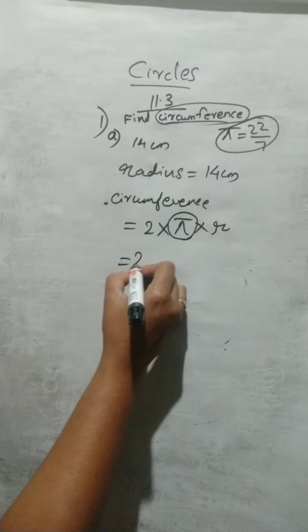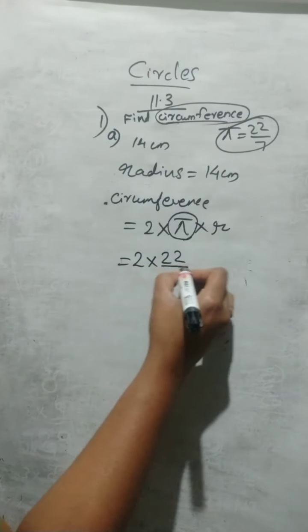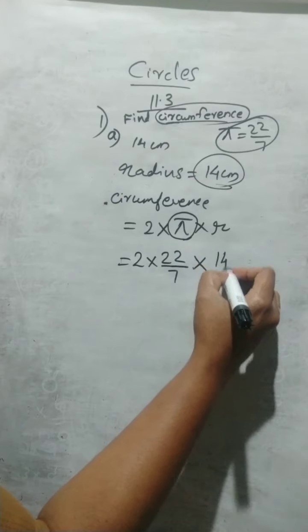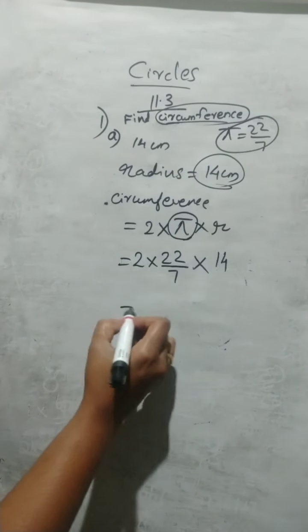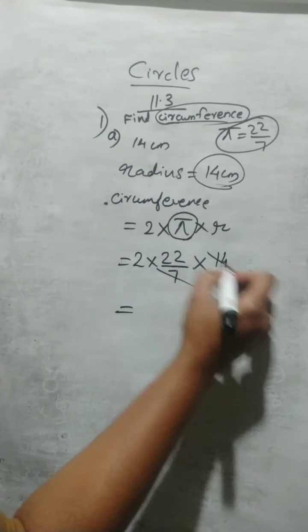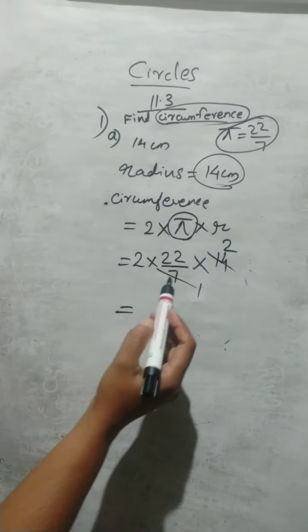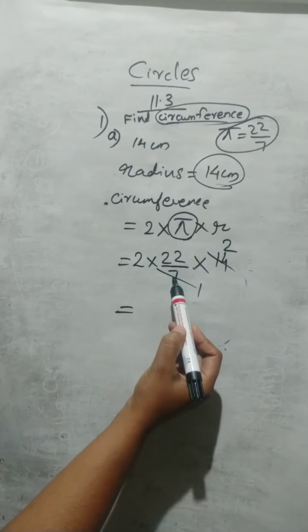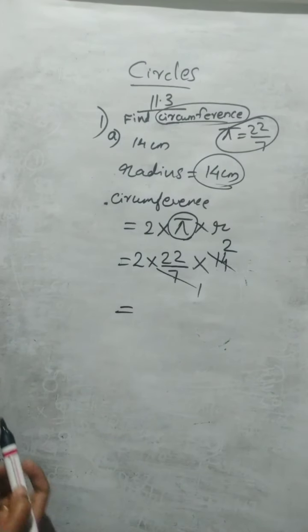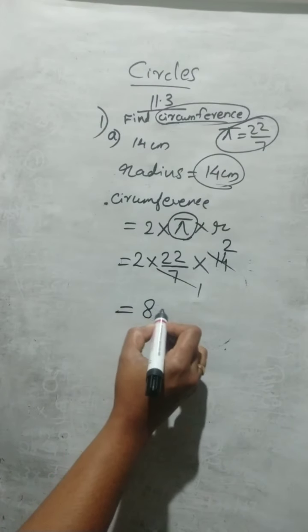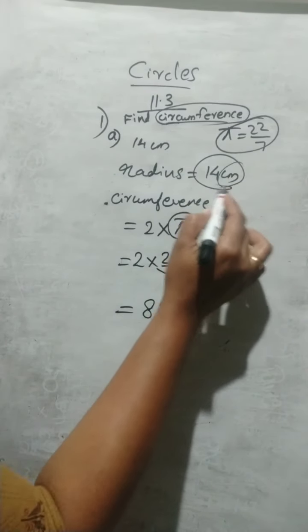So 2 multiplied by 22 upon 7 times radius, that is 14. Clear? 1 7 is 7, 2 7s are 14. We can cut both 7 and 14 by 7 itself. So 22 times 4, that is 88. Centimeter is the unit.